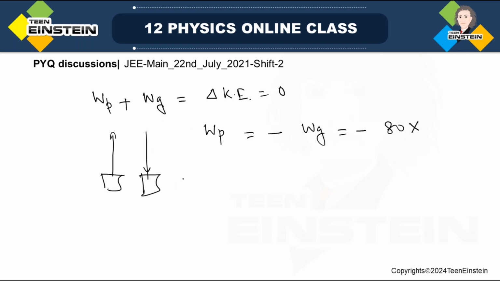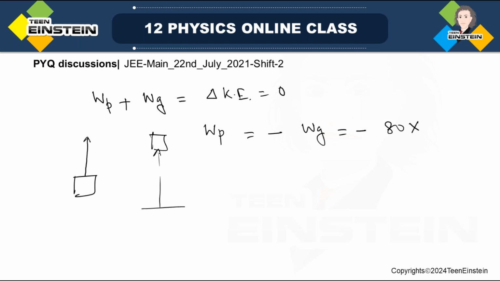And see, I'll try to demonstrate it a little better. Some weight has been lifted up to some height, let us say from the ground to some height h, we don't know that. And he is not putting it down totally to the ground. According to the question, it is put down up to a certain height. This is 80 centimeter.